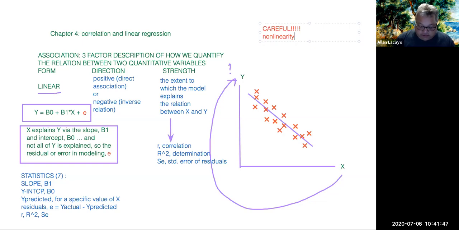So be careful with nonlinearity in X and Y. The way we identify that nonlinearity is through a graph called a scatter plot. So we are able to visually check for nonlinearities. So be careful with that.